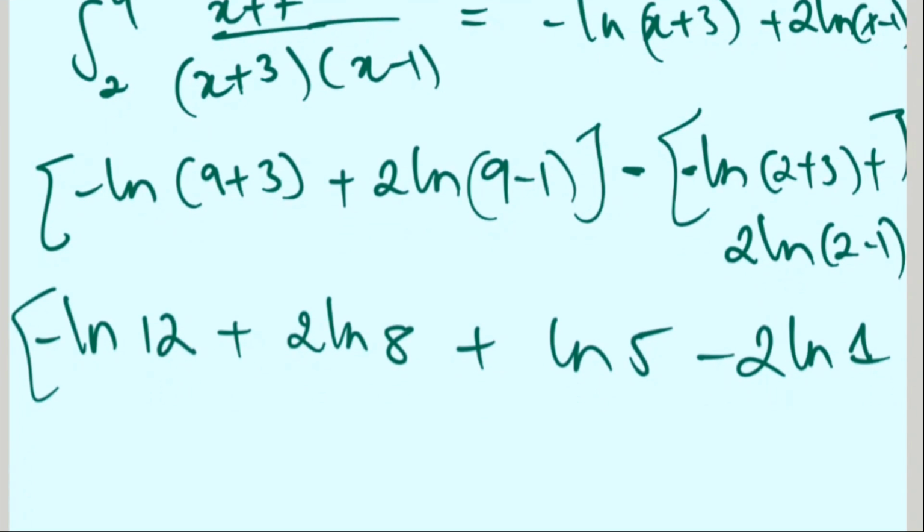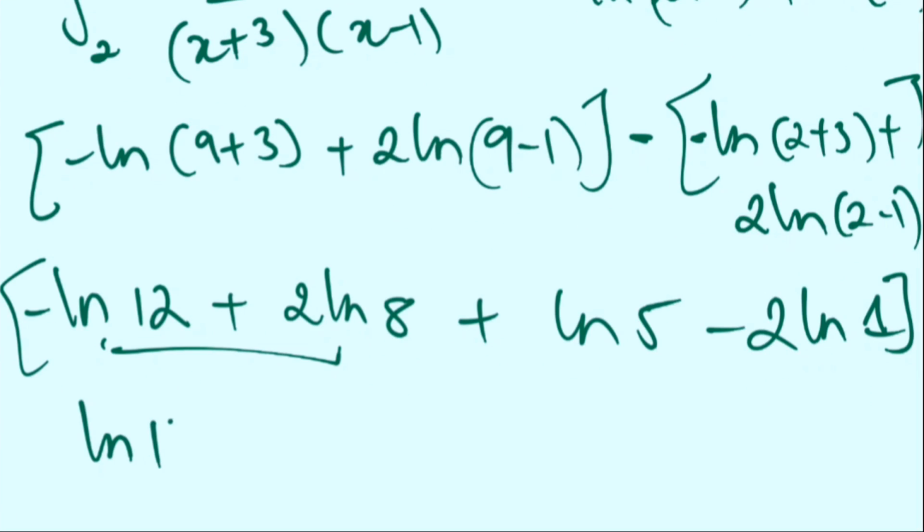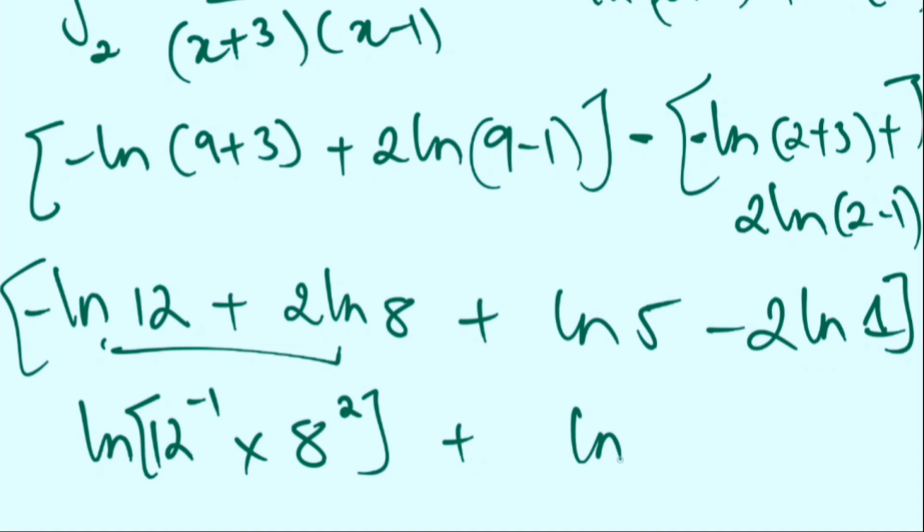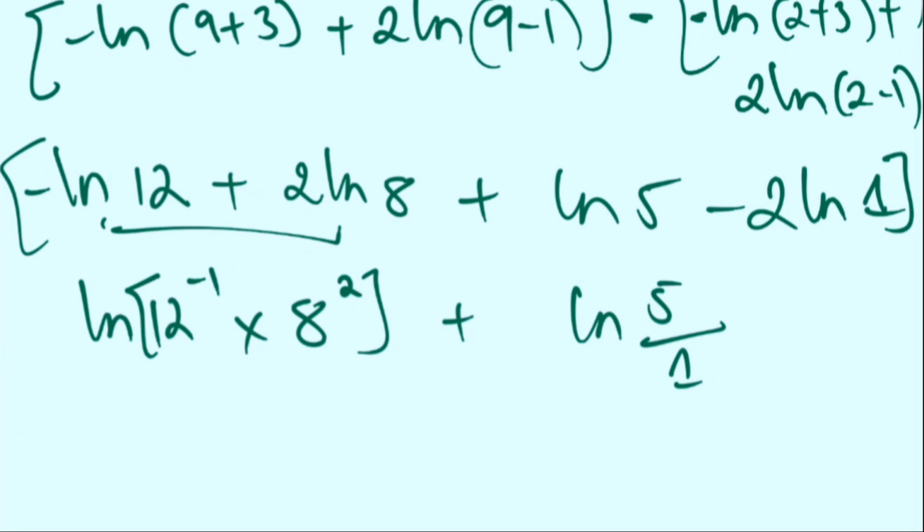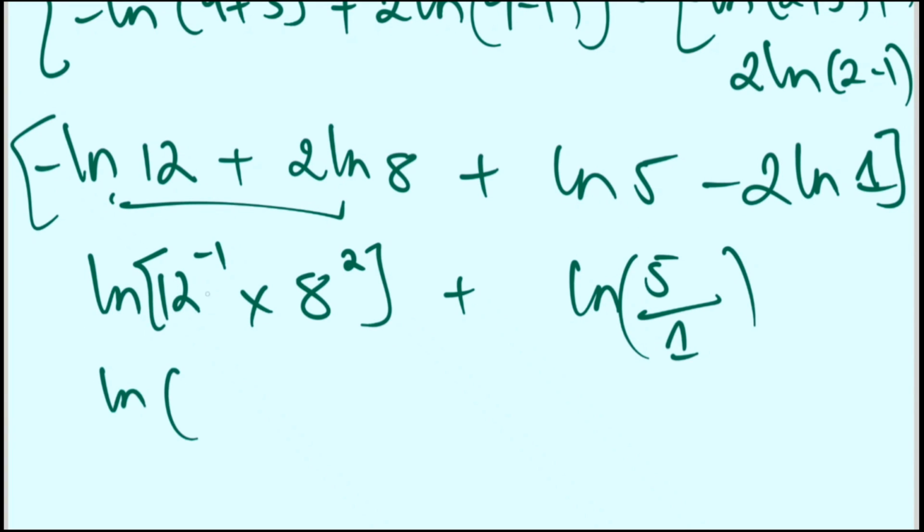Okay, there we go. So ln 12 to the power minus 1 should multiply 8 to the power 2, and then on this side, I should have ln of 5 divided by 1 to be natural log 64. 12 to the power minus 1 is the same as 1 over 12, so divided by 12, and then again plus, so we have to times it by 5.